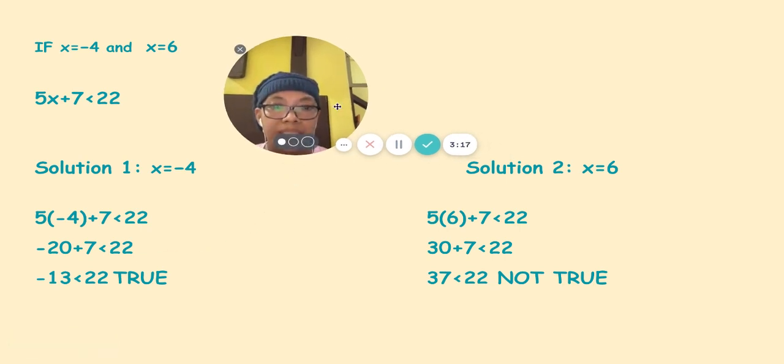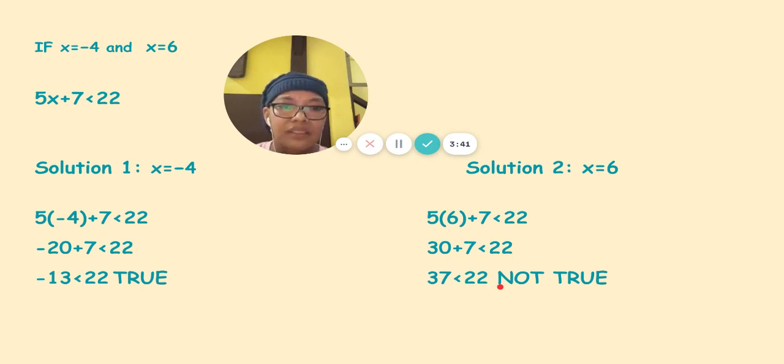So how about positive 6? Is positive 6 a solution to this expression 5x plus 7 less than 22? So let us try. So let's substitute. So 5 times 6 plus 7 less than 22. So 5 times 6 is 30 plus 7. So is 37 less than 22?